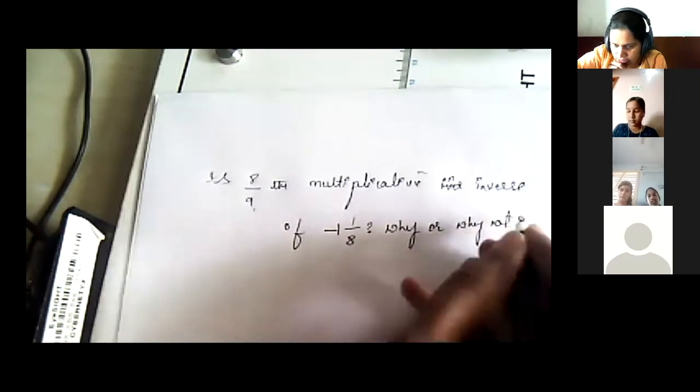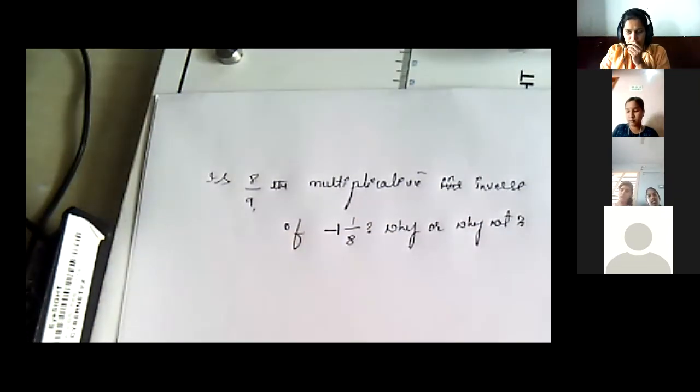So now we'll check whether 8 upon 9 is a multiplicative inverse of minus 1 upon 8 or not. Do you remember, when we multiply a number with its multiplicative inverse, we must get 1.